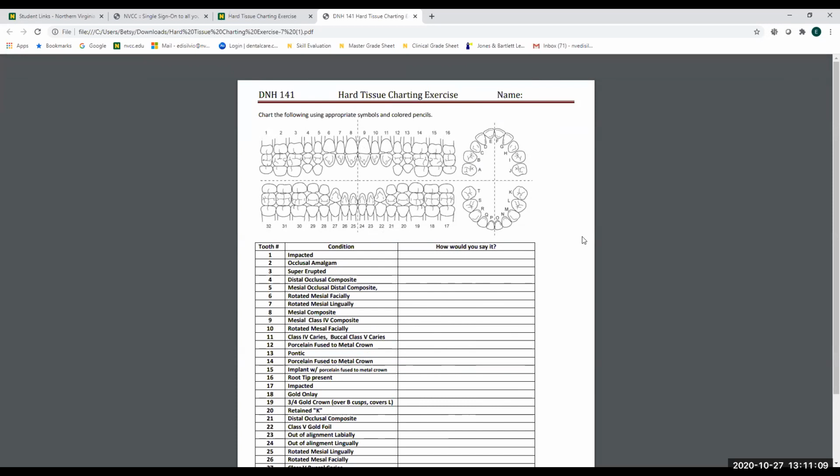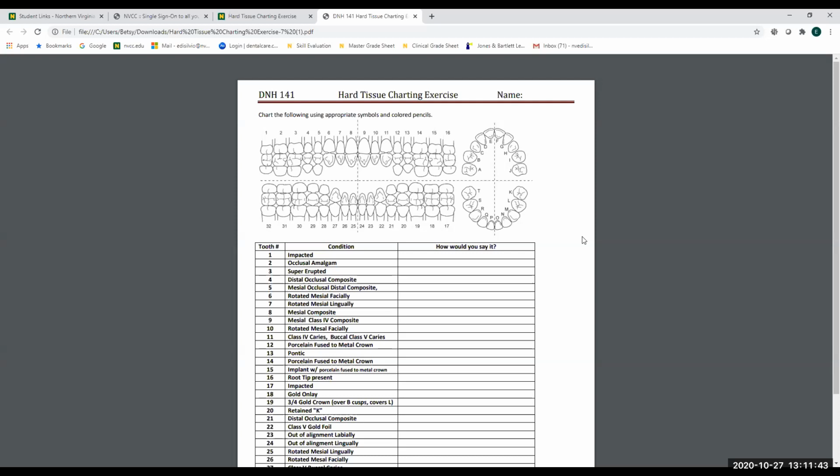So there's wiggle room here, my friends. This is not all or nothing. What we're going to be doing is going through this as a group. I want this to be your own work. Try and interpret what we've given you, and we'll go through it as a group. If everybody knows that number three is super erupted, how you wrote it is good. It might not be exactly how the person next to you did it, or precisely like what was written on that other form I showed you.